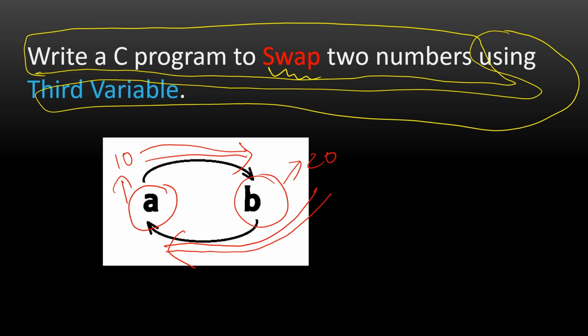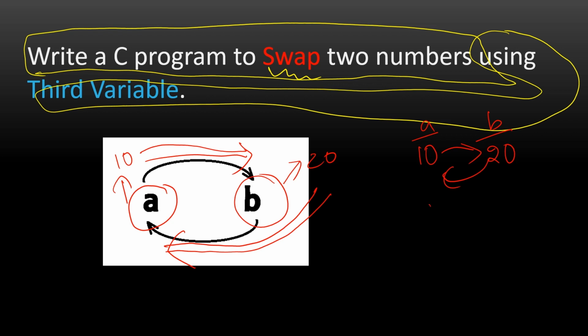I will explain this question very easily. Keep your concentration here. I want to exchange the values between two variables. You may think, for example, I have given a value to your brain to store 10 and 20 in A and B, A 10, B 20. I told you to exchange these values.